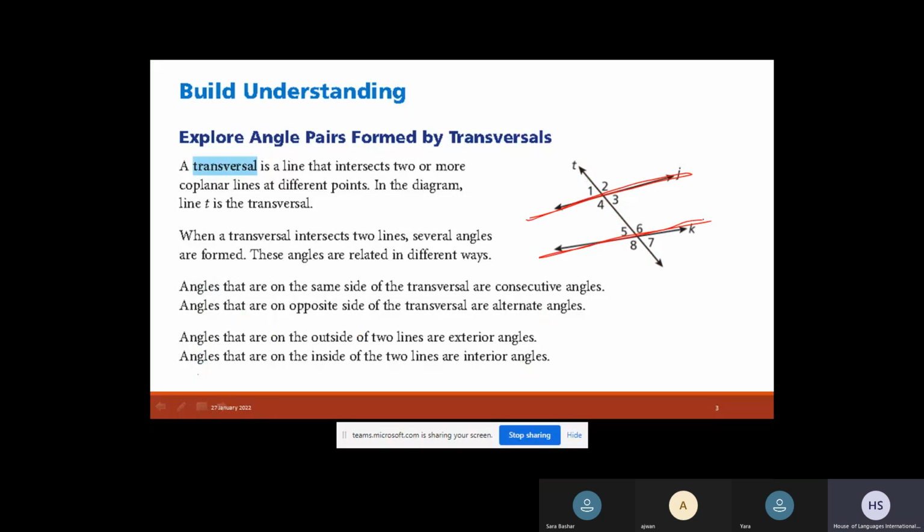And what are the angles inside them? I have this line and I have this line. Who are the girls inside the class? You will say 3 or 4 or 5 or 6. They are inside here, in the middle of both lines. So here is the inside area.